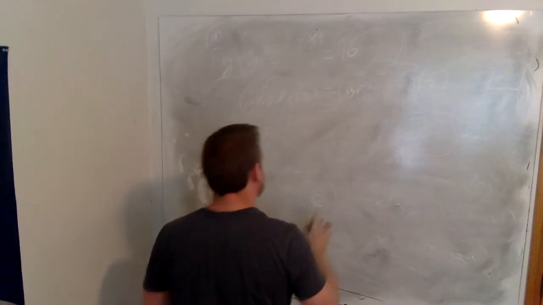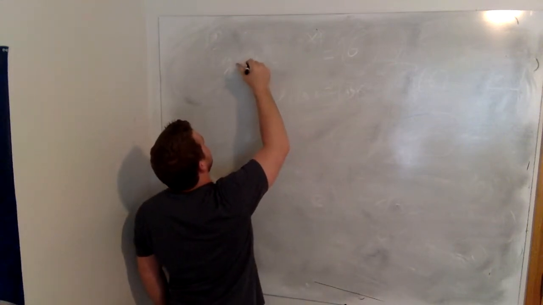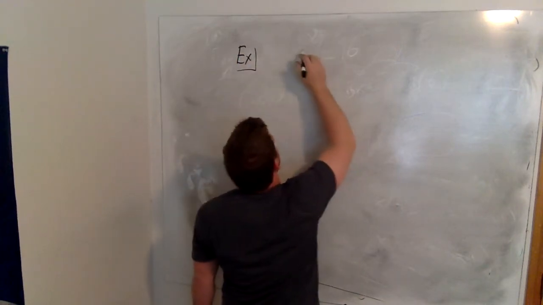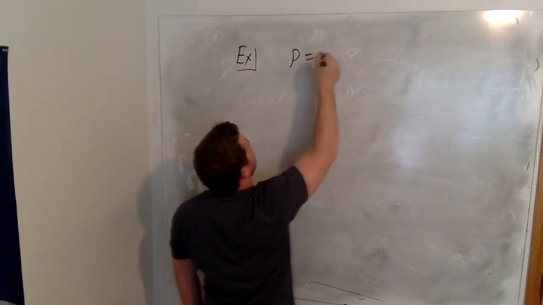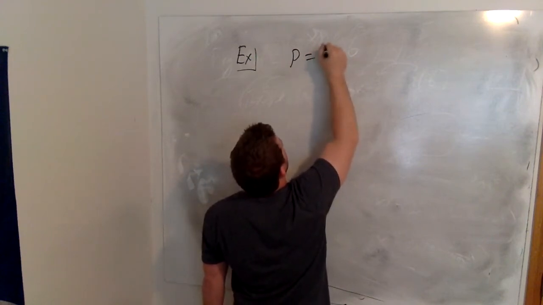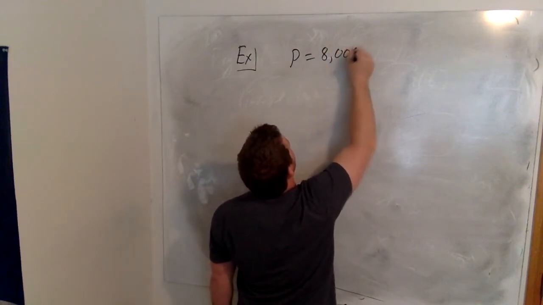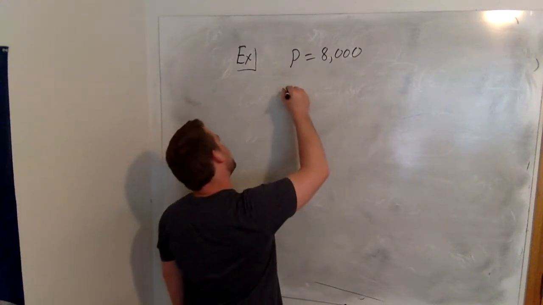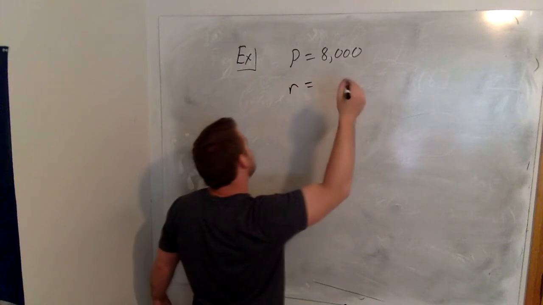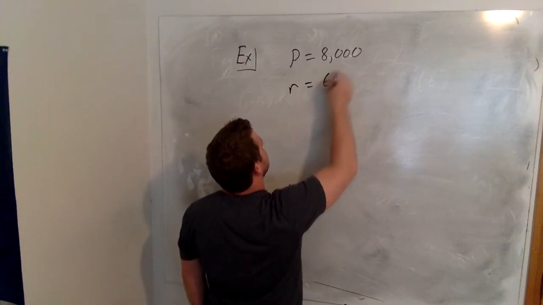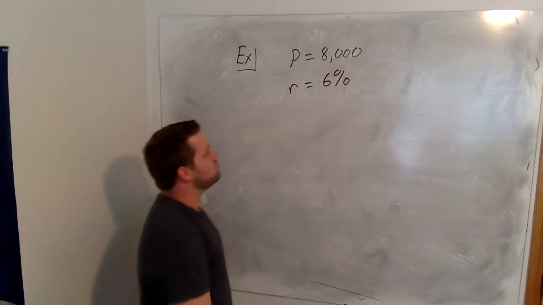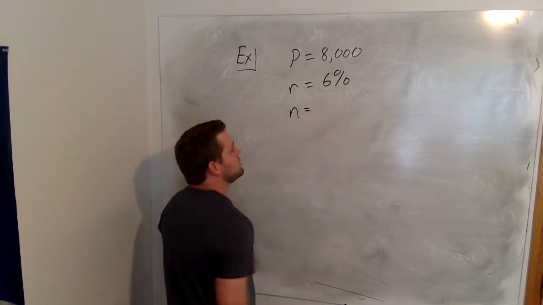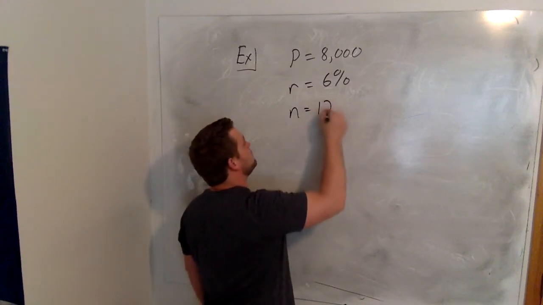As our example, let's say we invest, our principal, 8 grand into a bank account. Let's say we get a 6% annual interest rate. Let's say we are compounding monthly, so n would be 12.